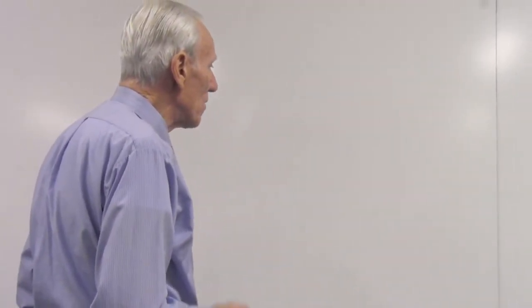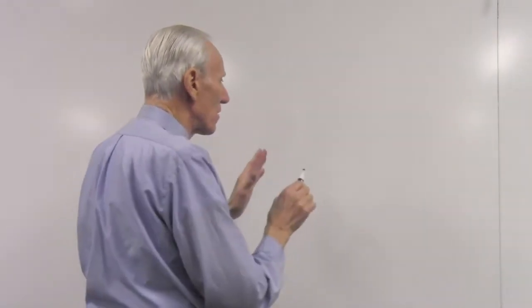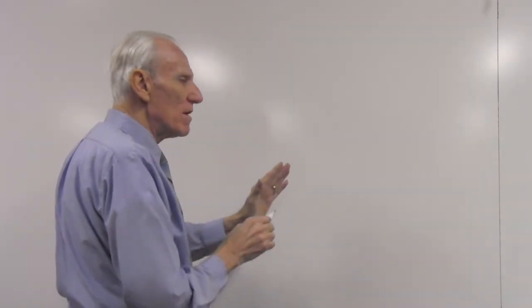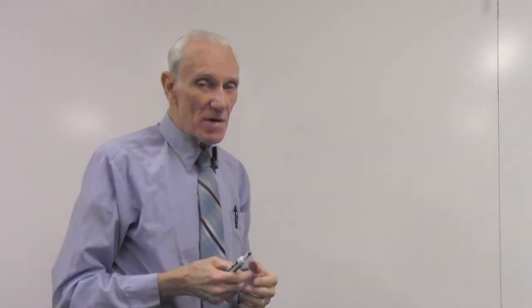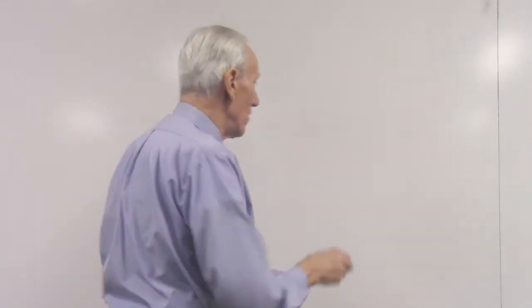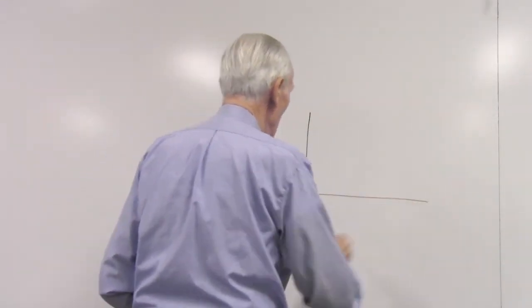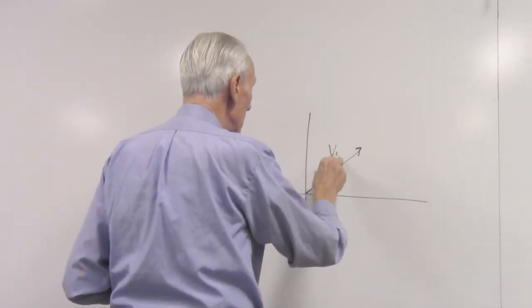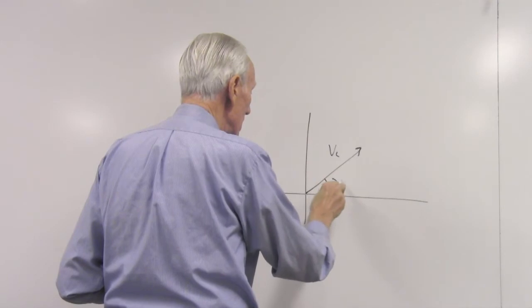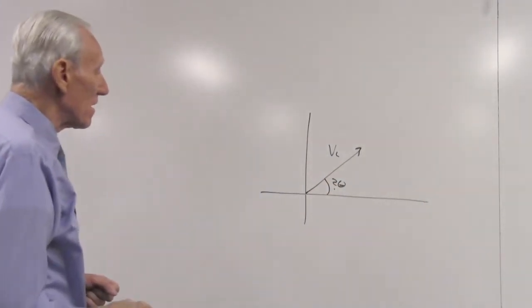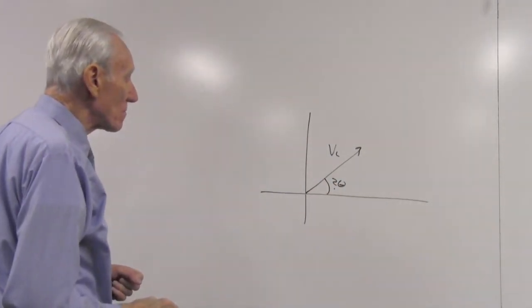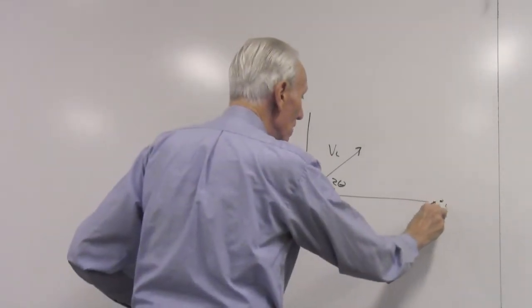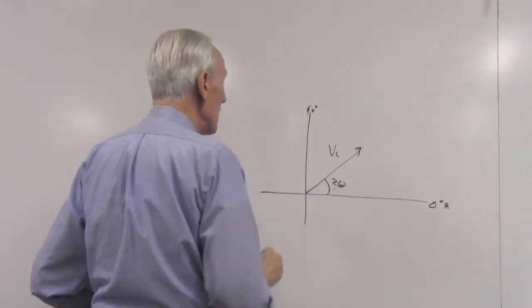So that means I don't draw the voltage across an inductor at 90 degrees this way. I draw it at some angle that has a resistive component and an inductive component. So that's the goal of part B, to find out what is this angle here that you draw the voltage across the inductor at in this phase diagram, where this is 0 phase and this is 90-degree phase also.